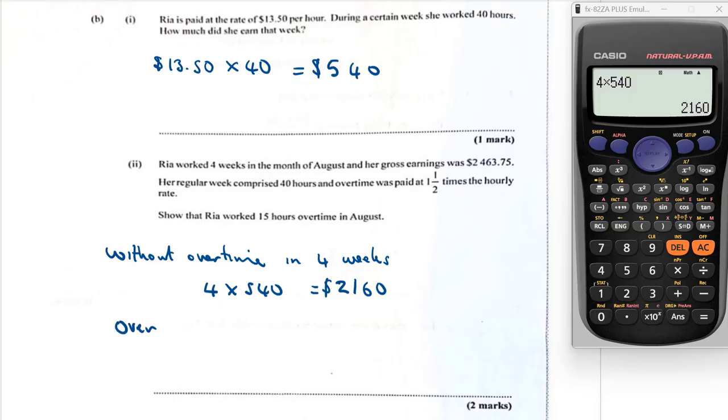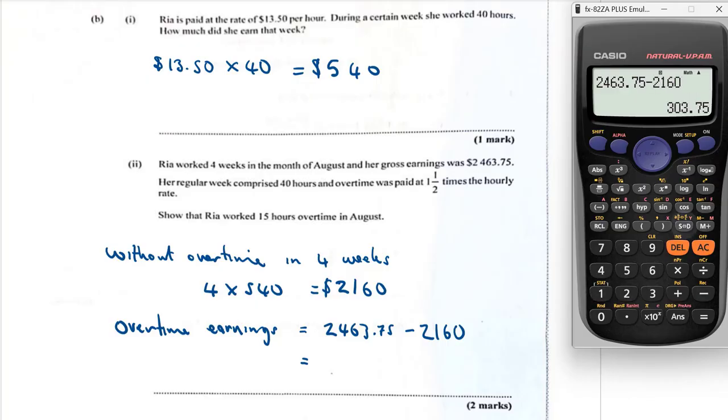Overtime earnings is equal to, it must be the difference: 2,463.75 minus 2,160. Let's put that in our calculators, 2,463.75 minus 2,160. That's equal to, let's convert that, 303.75. So these are the overtime earnings.